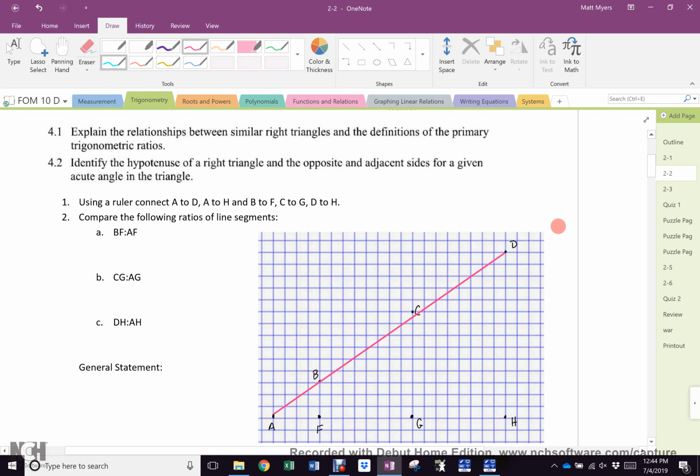Everybody good? Got my line, right? Then I'm going to use the same ruler or the same move to do A to H. And then I'm going to connect D and H. And I know it's not perfect, but it's close enough.